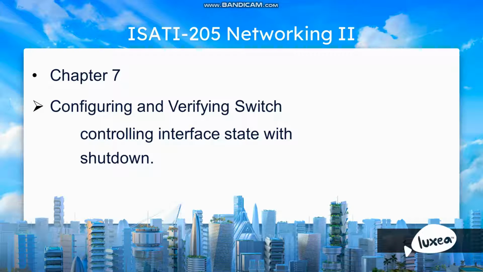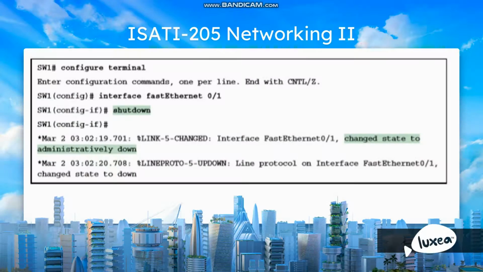When we put the shutdown command, it means disable, and no shutdown enables the interface. Look at the picture. What we see is the command shutdown in interface FastEthernet 0/1, and this port is disabled. To bring the interface back up again, we do the same process, but put no shutdown.